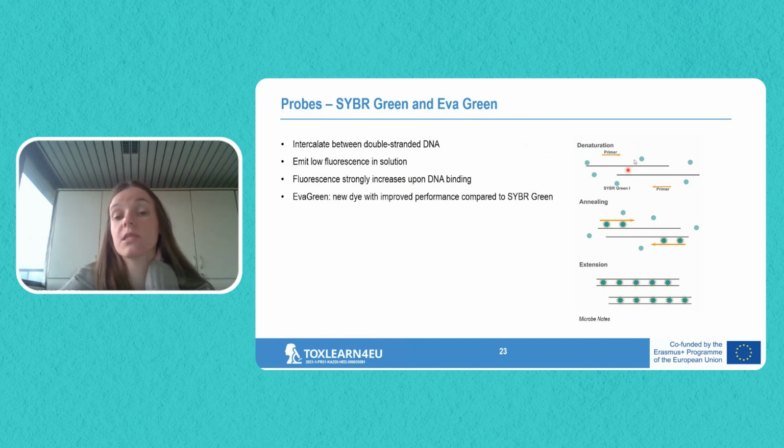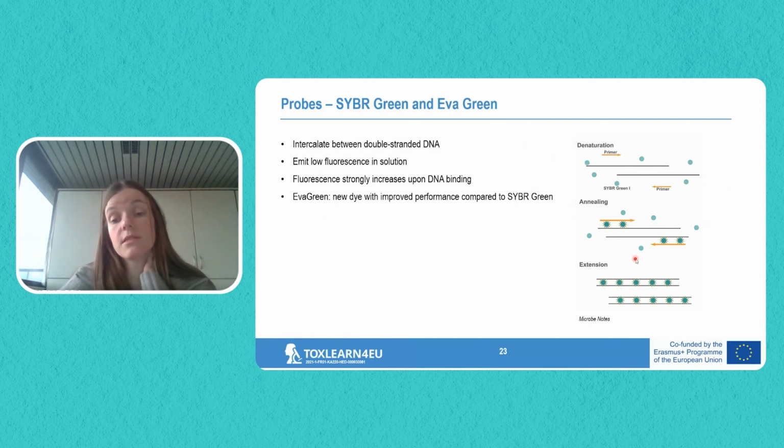Here you can see the principle. In the first step of a PCR cycle, we have the denaturation, so you have two strands of single-stranded DNA. You can see that the SYBR Green molecules, shown here as the green dots, are freely floating in the solution and emit very little fluorescence. Then the primers will anneal and they will elongate or extend, and this causes the formation of double-stranded DNA.